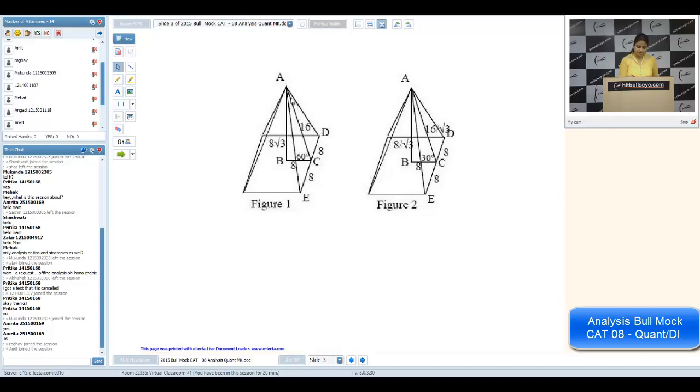One in which these triangular faces are inclined at 60 degree, and in one case these faces are inclined at 30 degree, and we want to know the cost of that.